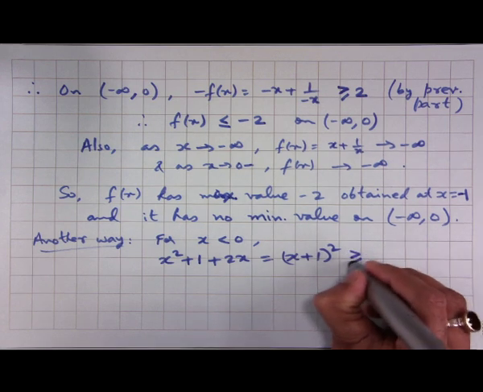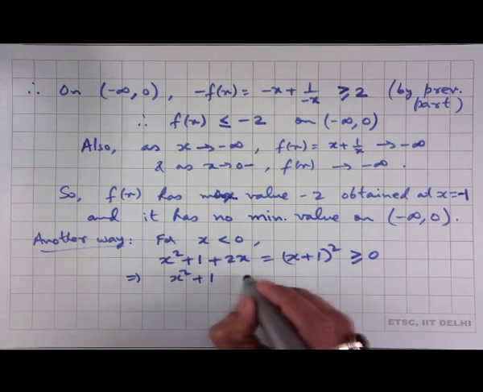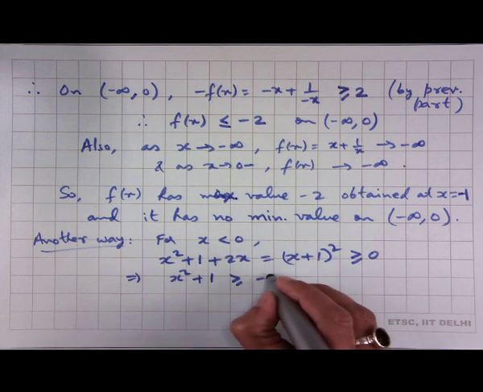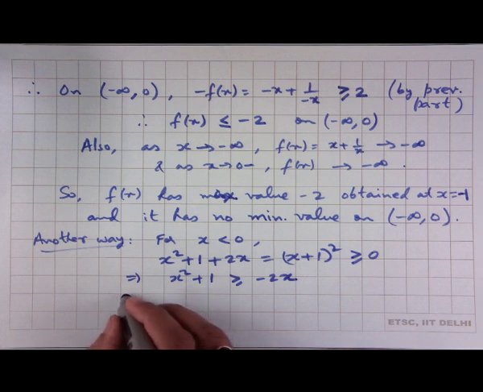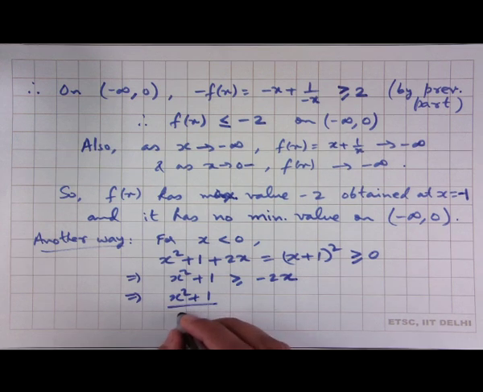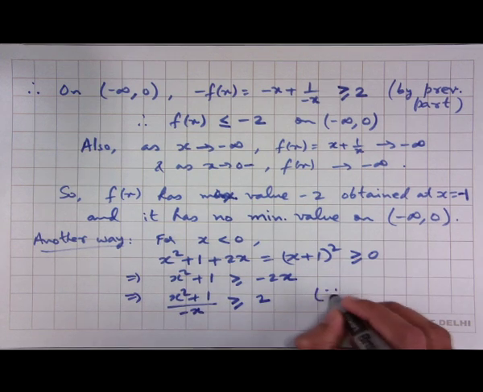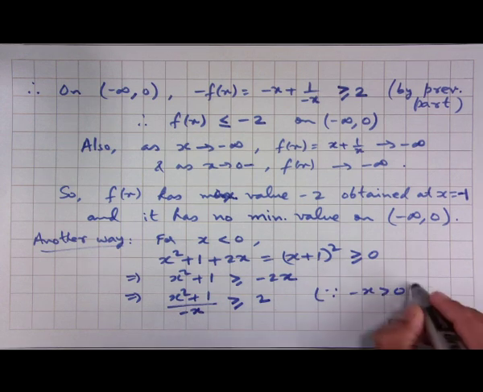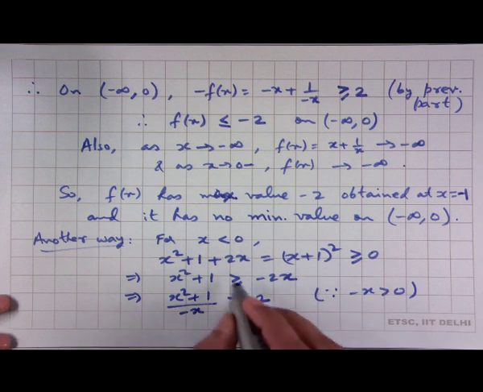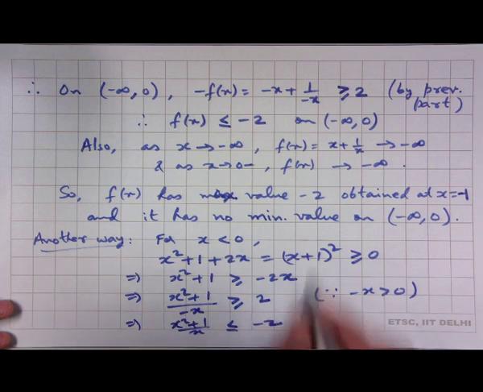So, this is again greater than or equal to 0, which implies x square plus 1 is greater than or equal to minus 2x. Then, if I divide by minus x, which is positive, the inequality is the same, so x square plus 1 by minus x is greater than or equal to 2, and this implies that x square plus 1 by x is less than or equal to minus 2, which is the same as what we obtained here.